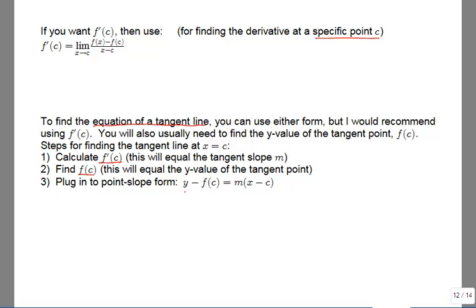And this is basically your y minus y1 equals m times x minus x1, where the point that you're plugging in is that c comma f of c, and the m that you're using is what you got when you used your alternative definition to find your derivative. Okay, so these are all things you're going to be expected to know how to do.